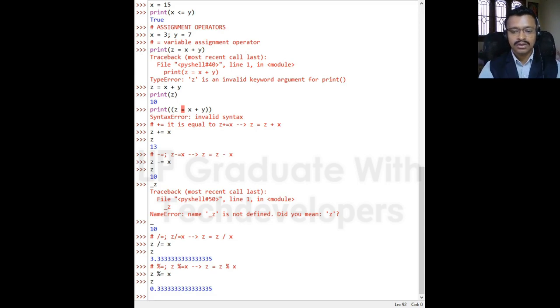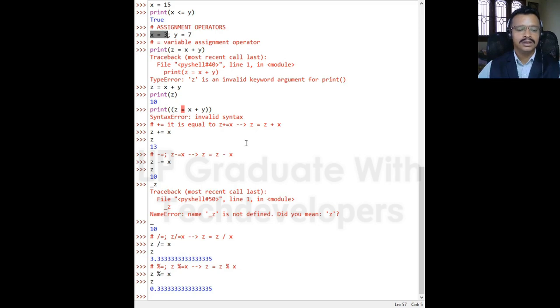It takes modulus using two operands and assigns the result to the left operand. Because our previous value of z is 3.333, and x is 3.